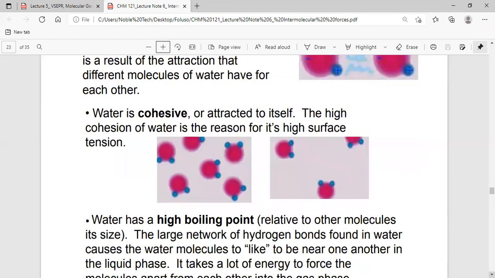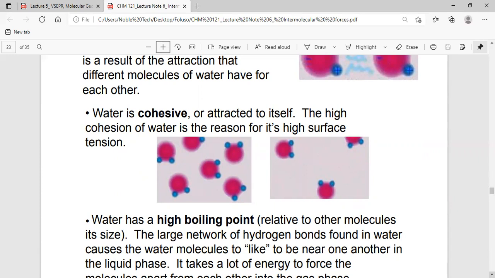The high cohesion of water is the reason why you have surface tension, because water molecules pull themselves towards each other. When you have water in a container, you will see the surface tension.